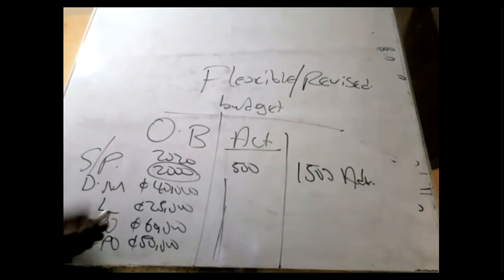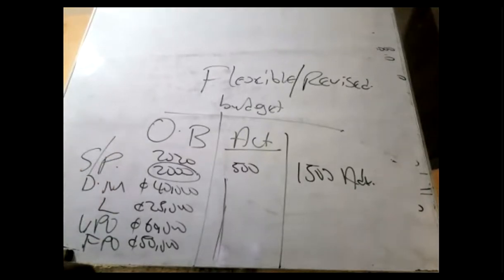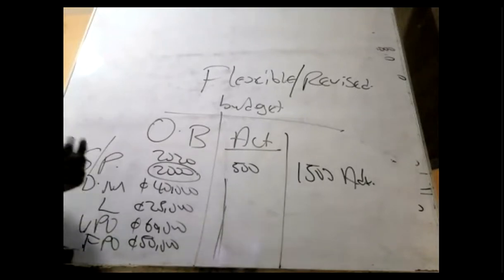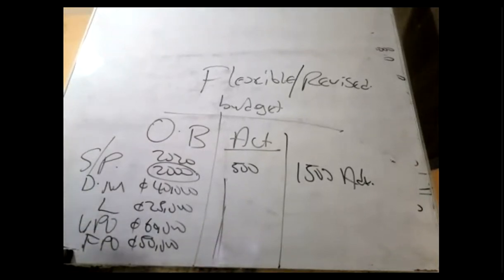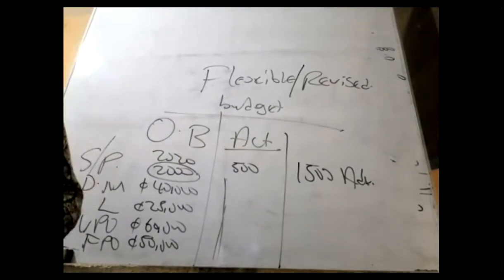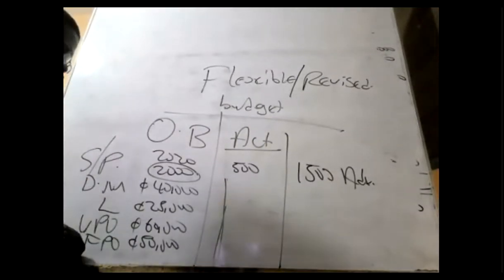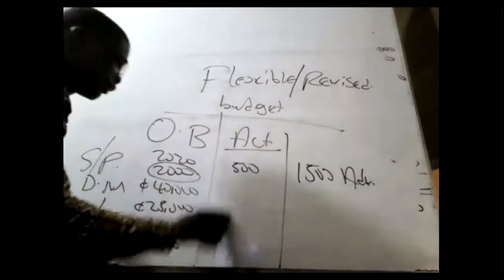That is all. How do you flex it? Let me give you the rules. The rules are only three. First rule, we only flex variable cost. So rule number 1, we only flex variable cost. Before I compare, let me fill in this column.